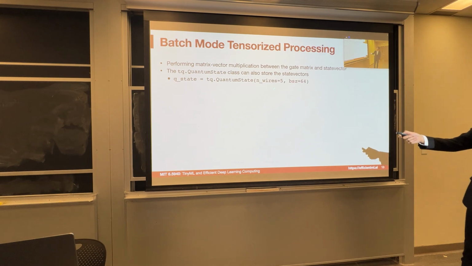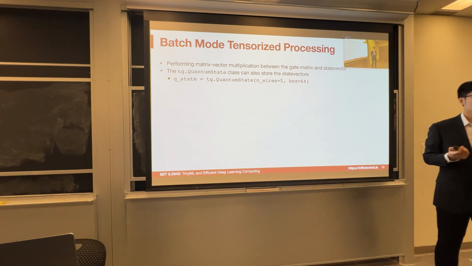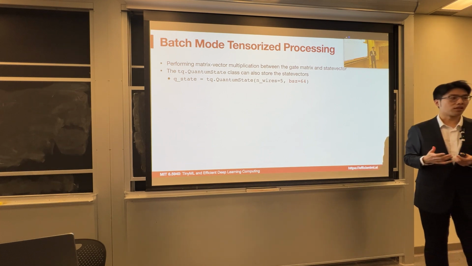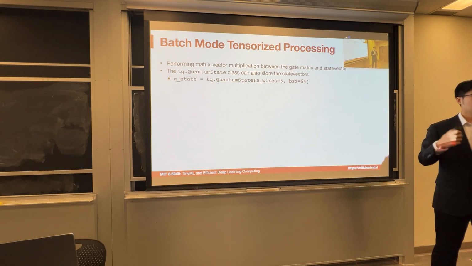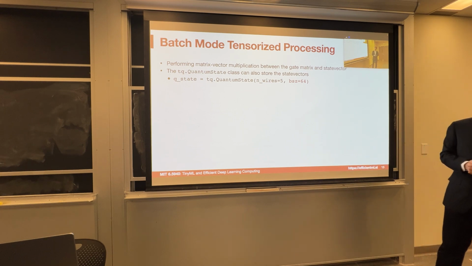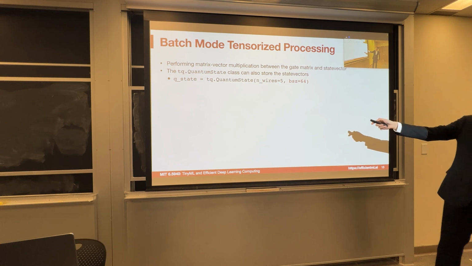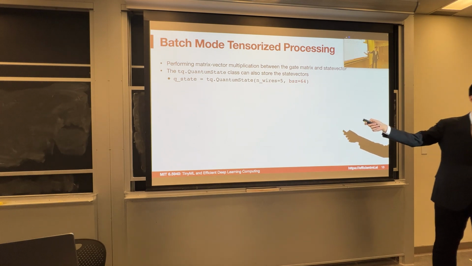And also, we support the batch mode. The batch mode means that, say in some learning task, we want to process images in a large batch, compute the gradients, and update the parameters together. In that case, we can also specify the batch size in the quantum state. For example, for the Q state here you can pass an argument to specify the batch size, which is 64.